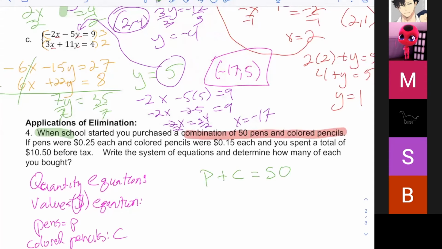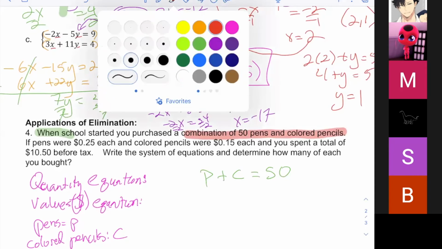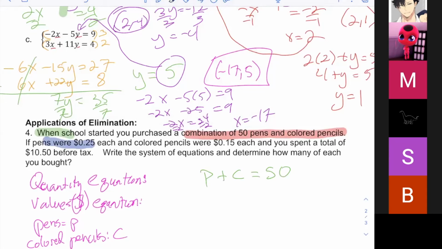And then there is the money equation. And that's the next line that Ben read. Pens are 25 cents, pencils are 15 cents, and you spend a total of $10.50. So the way we write this is 0.25p plus 0.15c equals 10.50.